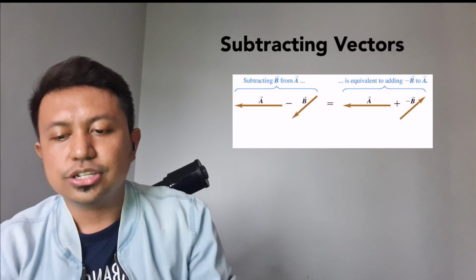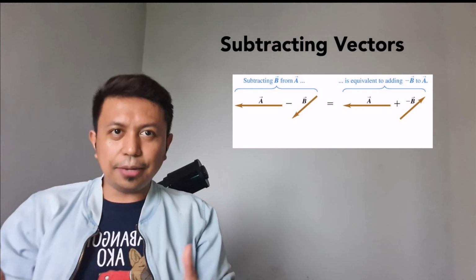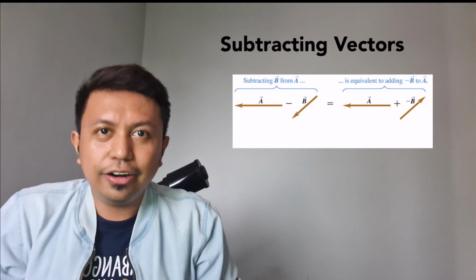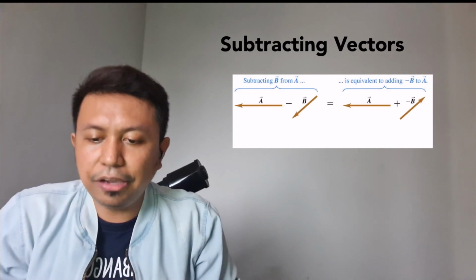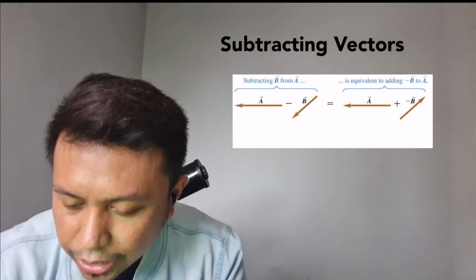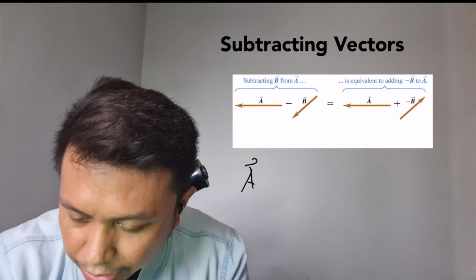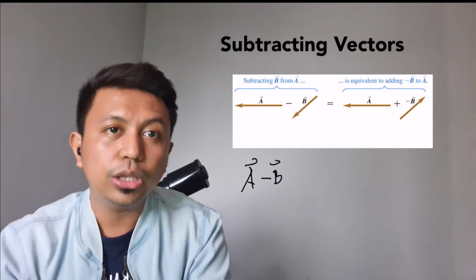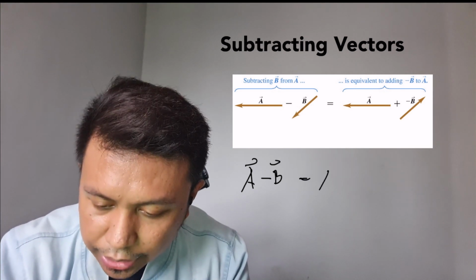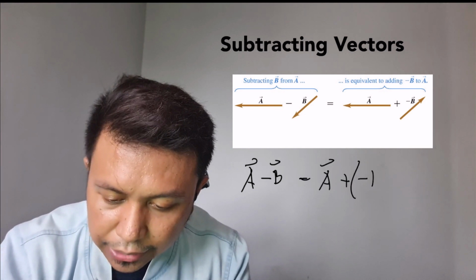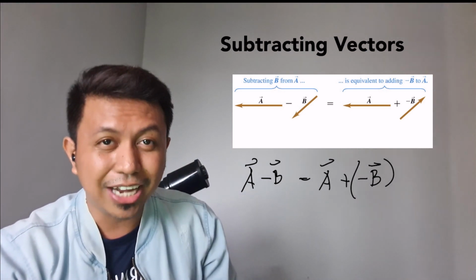Now how about subtracting vectors? Subtracting vectors is done by flipping your vector. For example, subtracting B from A, so you have vector A minus vector B. That is actually equal to vector A plus the negative of vector B. So what happens again when we put a negative vector?